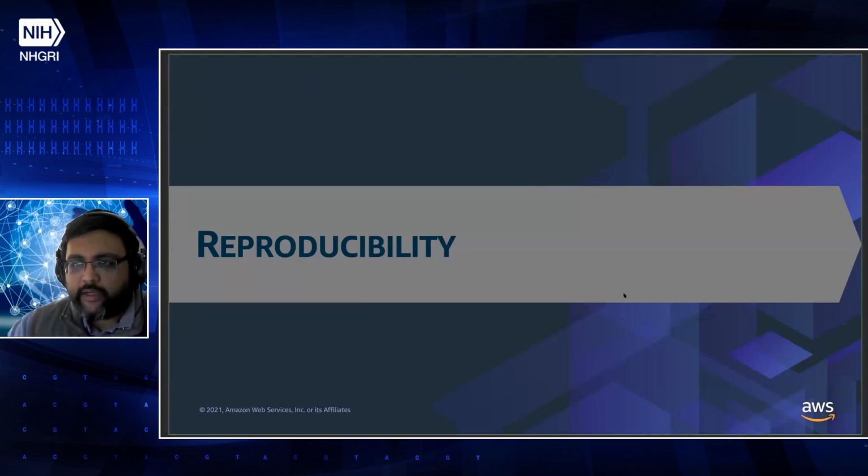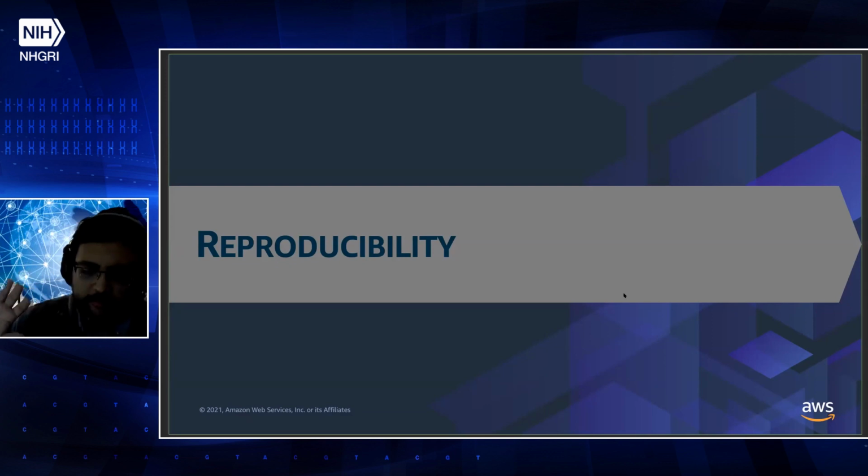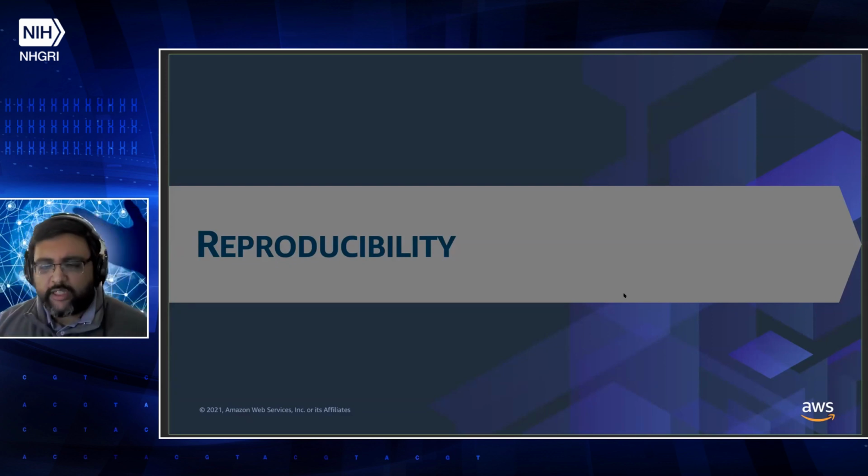Let's talk about reproducibility, because that's one of the other challenges facing the field today. There was a series of articles that I read from 2015, 2016, that talked about reproducibility becoming the biggest challenge in the field today, where context matters, right?